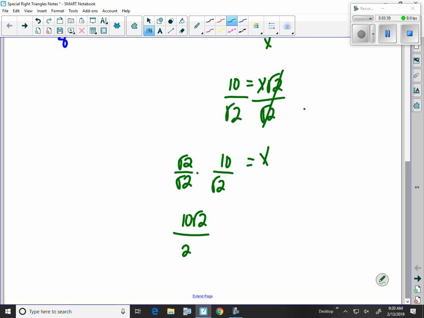Square root of 4 is just 2. So it's just kind of a quick trick. You don't have to do that whole process. You can just write it down. And then last, we just have to simplify that. 10 over 2 is 5. So we have 5 radical 2 equals x. So the legs of our triangle are 5 radical 2.